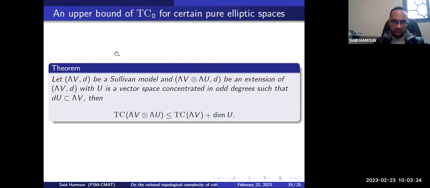Our first general result is that for any minimal Sullivan model (lambda V, D), if lambda V tensor lambda U is an extension of lambda V, where U is a vector space concentrated in odd degree, such that D of U is included in lambda V, then the rational topological complexity of lambda V tensor lambda U is less or equal than the rational topological complexity of lambda V plus dimension of U.